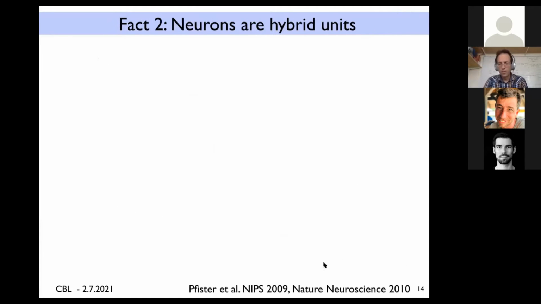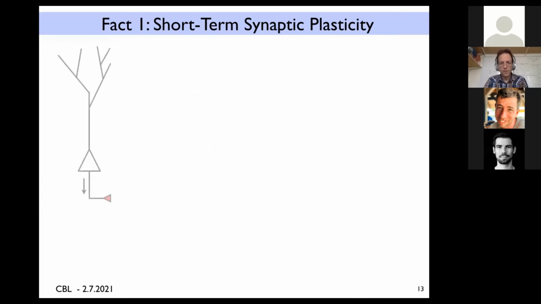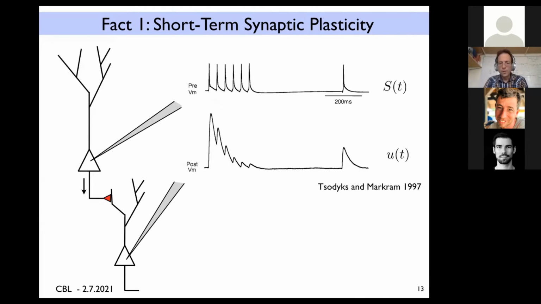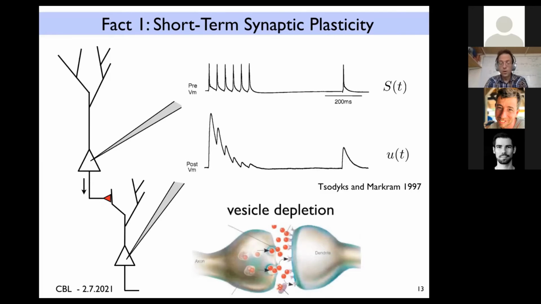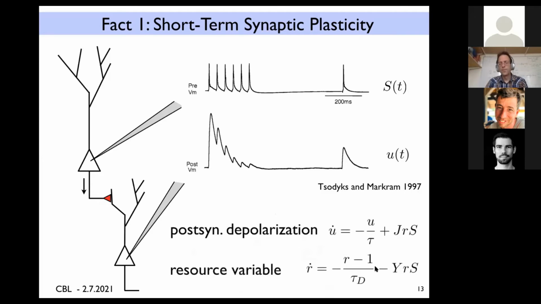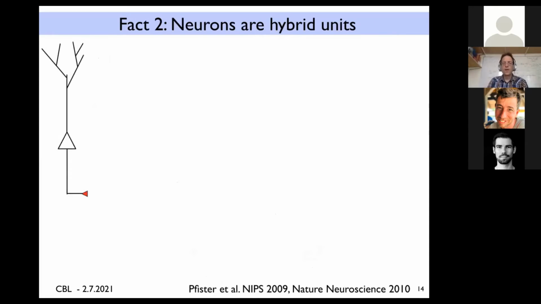This resource variable is not constant, but changes as a function of time. By default, it goes to 1, so it is full, and whenever there is a spike, it gets depleted by a certain amount.